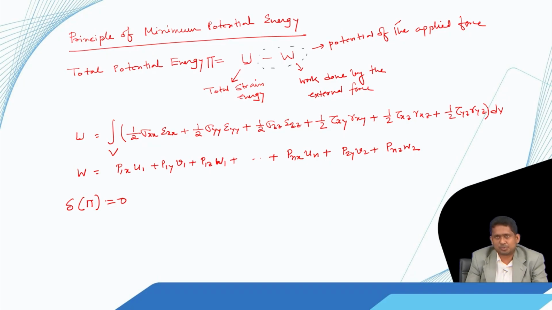Now, it may correspond to two cases. When the variation is 0, it is basically an extremum. Extremum means it can be minimum or it can be maximum. Let us bother about the minimum first.